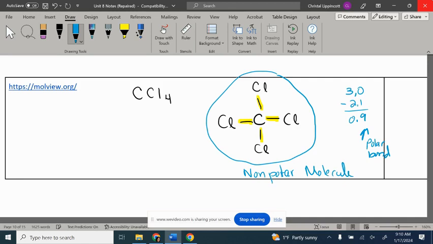And that's the kicker. So even if the bonds are polar, if the molecule is symmetrical, then the molecule is non-polar. And remember, if you have lone pairs of electrons on that central atom, it's not going to be symmetrical. The lone pairs of electrons on that central atom override that. Drop the mic, walk away. It is going to be polar all day, every day. Don't even have to think about it.